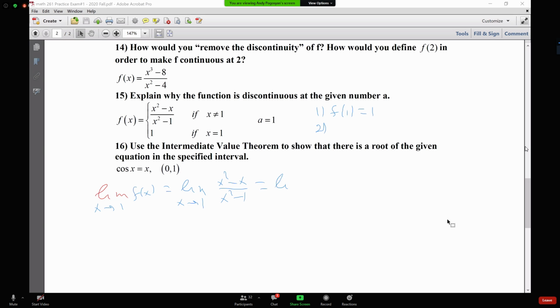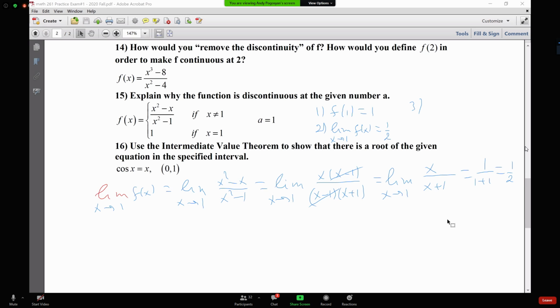This one equals limit of x times x minus 1 over x minus 1, x plus 1, as x approaches 1, equals, x minus 1 divides out, limit of x over x plus 1, x approaches 1, equals 1 over 1 plus 1, which is 1 over 2. So the limit of f of x as x approaches 1 is 1 over 2.